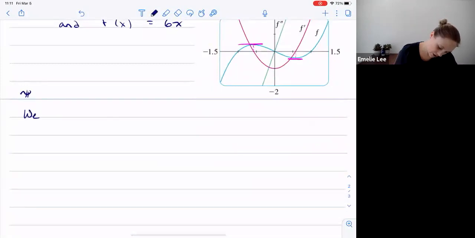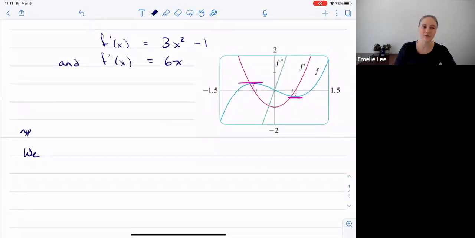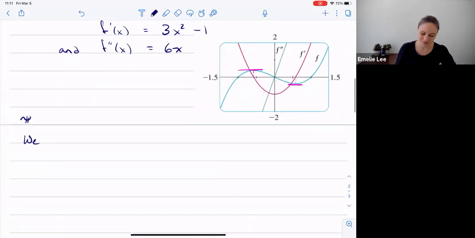I will say that we can interpret the second derivative. It gets a little bit dicey when you have to articulate it, because it's the slope of the tangent line of the tangent line of the original function.